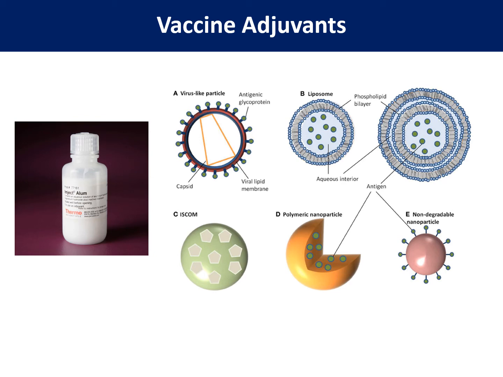Nanoparticles can be made from various types of biomaterials, like virus-like particles and liposomes, and the antigen can be entrapped inside these nanoparticles, thus providing protection to the vaccine antigens. They can also be made from polymers and non-degradable nanoparticles.